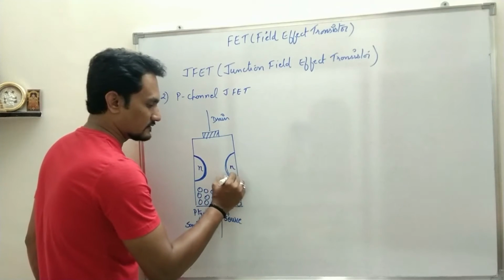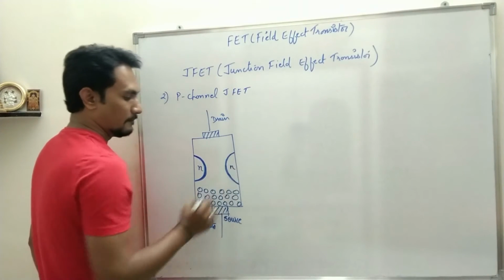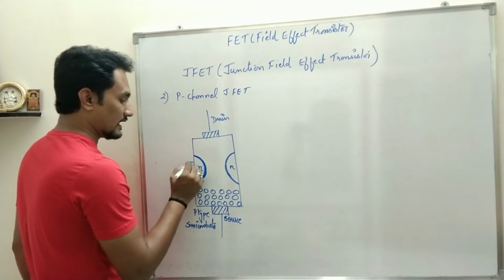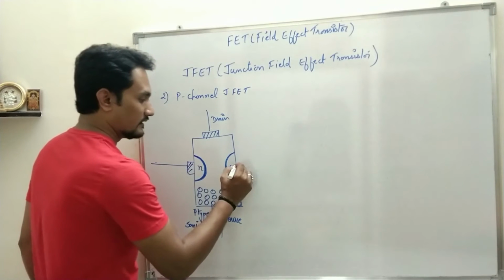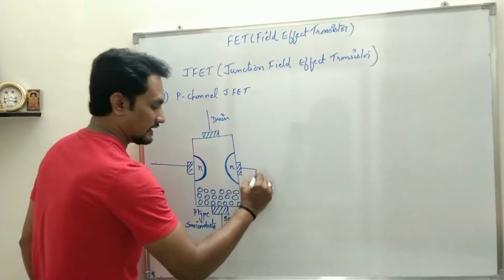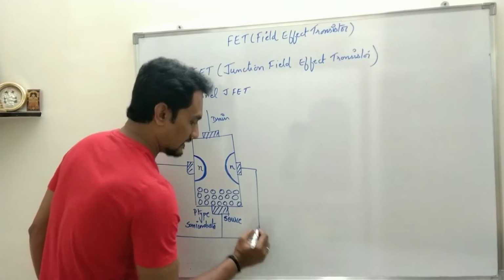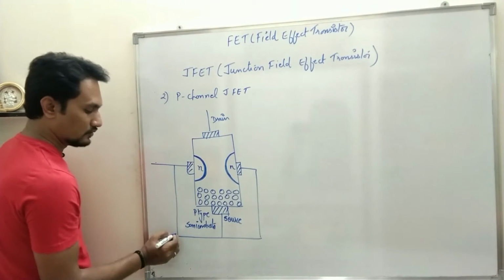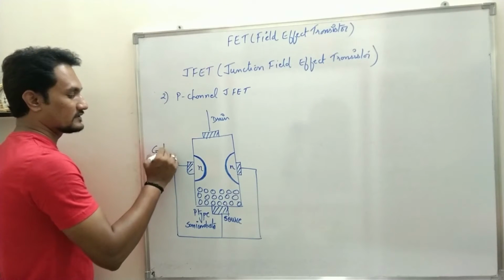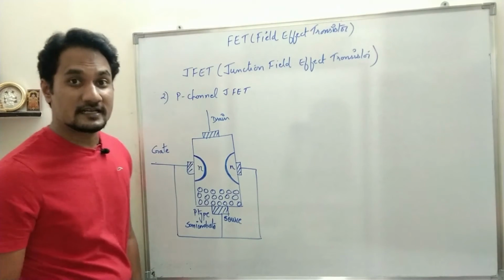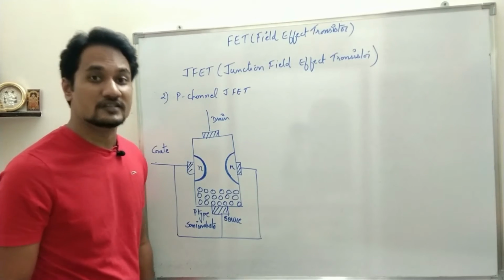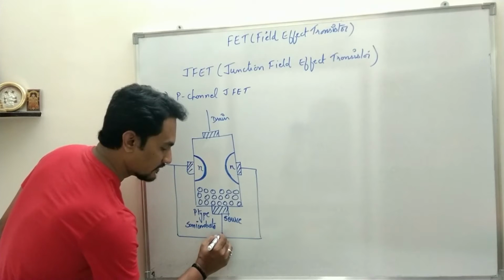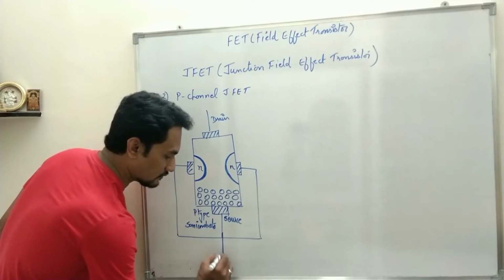These two terminals are internally always connected together, and a common terminal will be taken out called gate. So in BJT we had emitter, base, collector, and in JFET we have source, drain and gate.